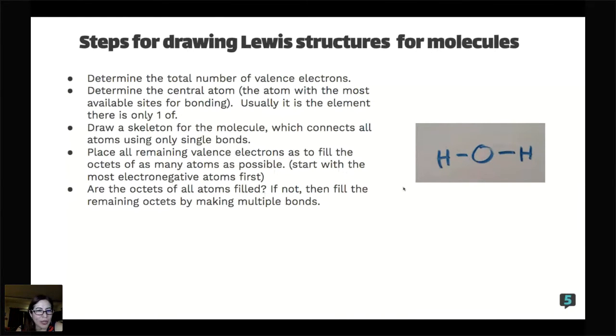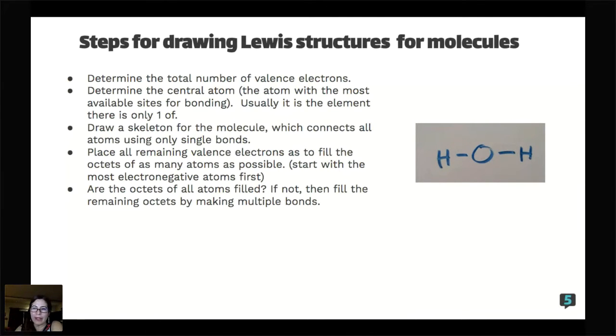Remember from periodic trends, which one will be more electronegative, oxygen or hydrogen? Remember the trend of electronegativity is a diagonal line on the periodic table, a diagonal line towards the top right corner.